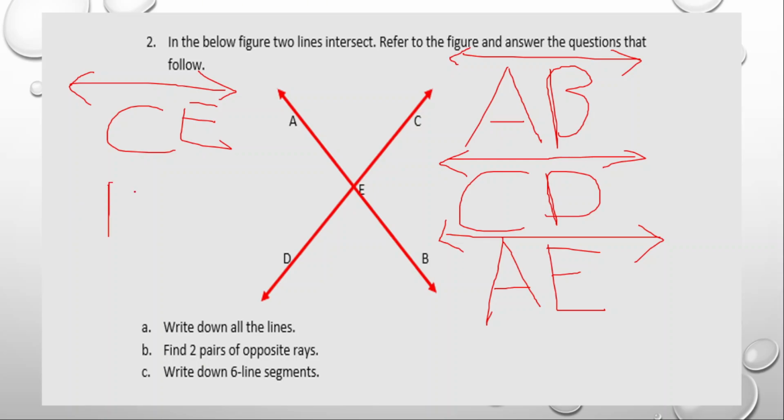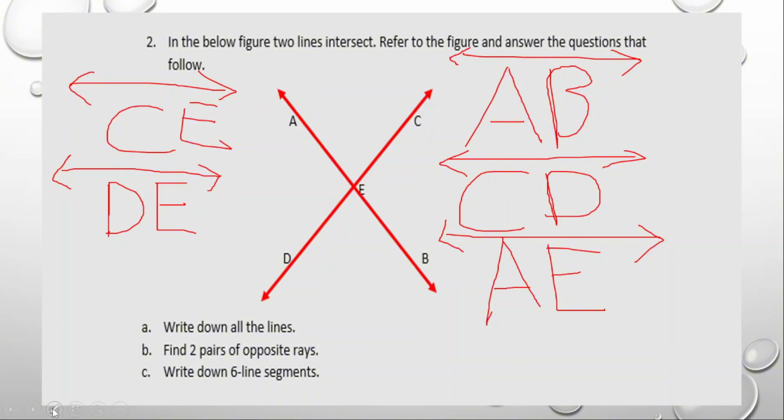It doesn't really start at D, but that is the point that we can see. So the two main ones are AB and CD. But we can also write it as AE, BE, and CE or DE.